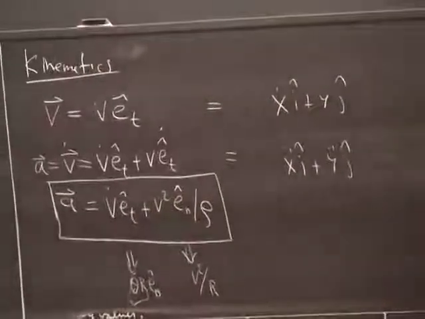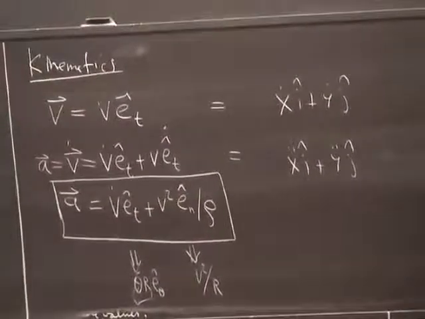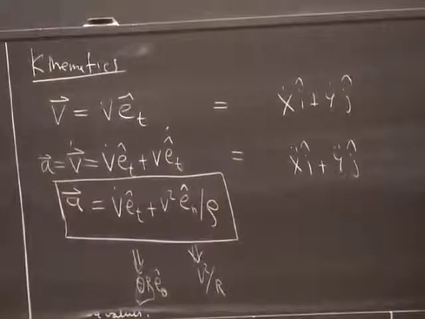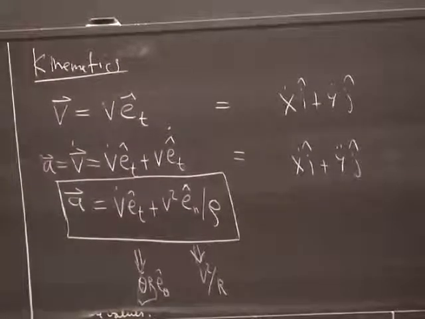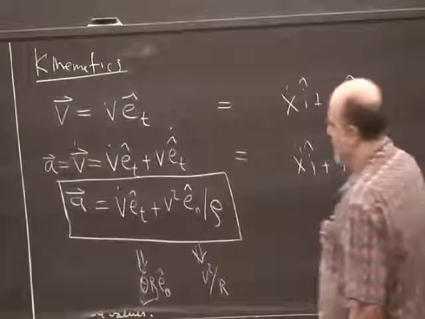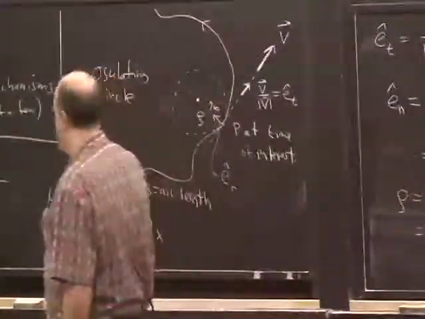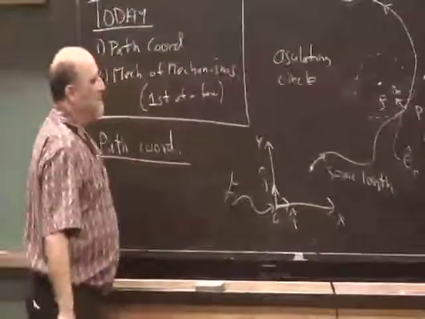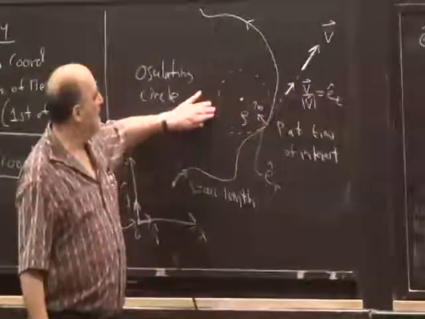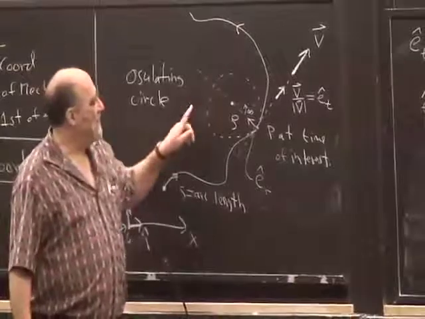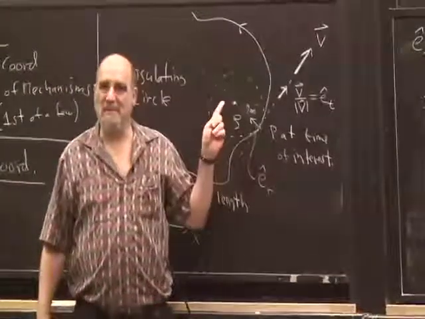Okay, any questions? Yes? To use this, do you know the entire path of the particle, or like the path up to a certain point? No. The question is, what does it mean to use a formula? One way of using it is to use it to build your intuition.